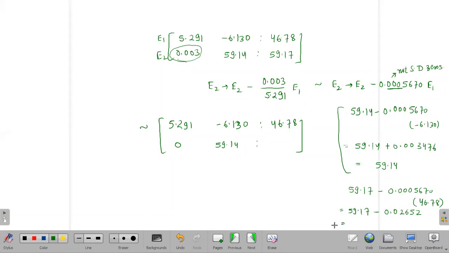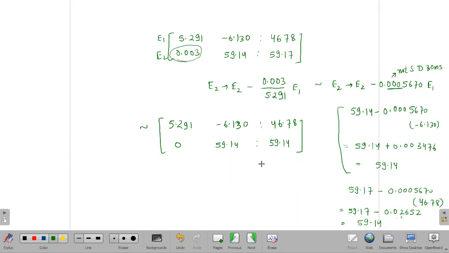Then if you subtract these two, 59 will be here, point, and then 17 minus, so it will be 6 in the third place, then you will get 5. What are you getting here? 59.14 only. If you solve this, you can verify this number, that will be 59.14 only.